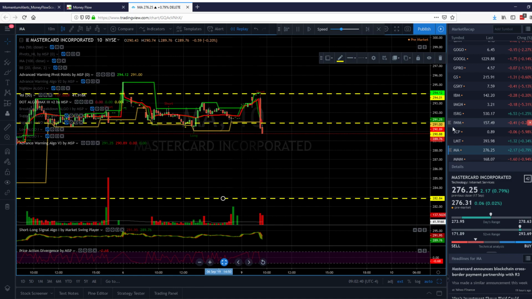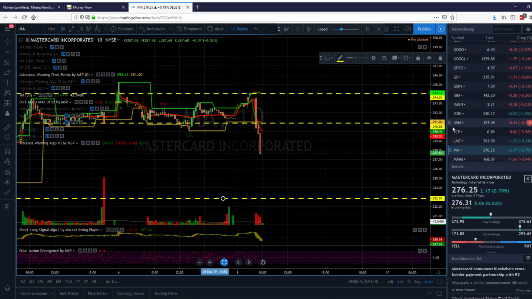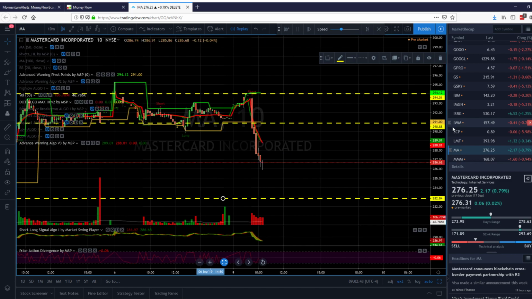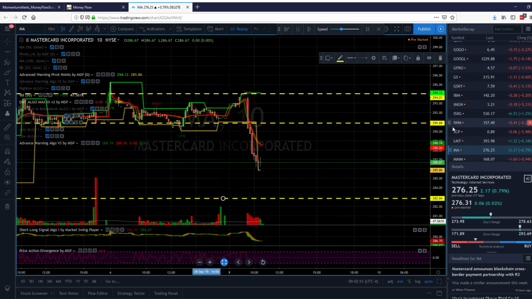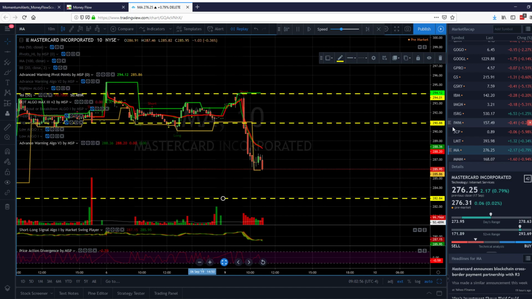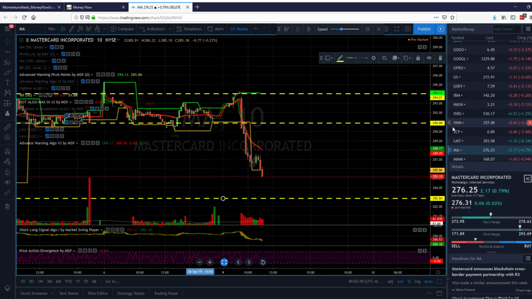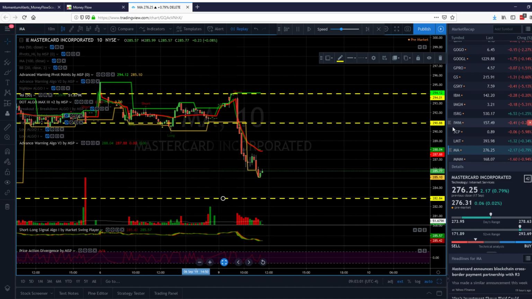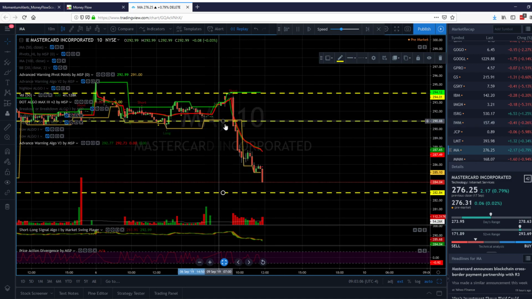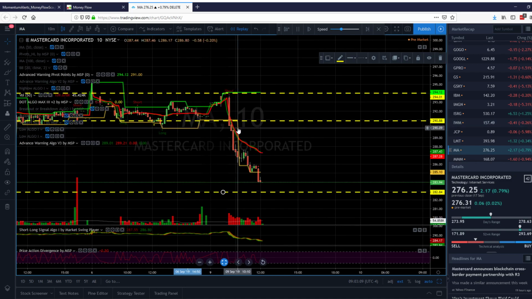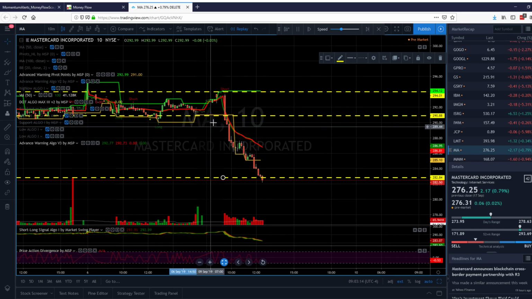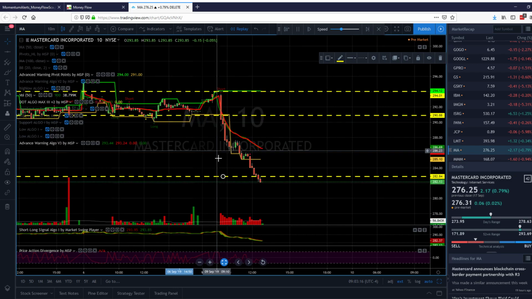So we could see as the market opened, price immediately started dropping like a rock at 100 miles an hour. It was near that 294 short range, and there was a huge dump out the gate. And it immediately went below the 291 support. So we know that we're looking for a possibility of hitting that 280.